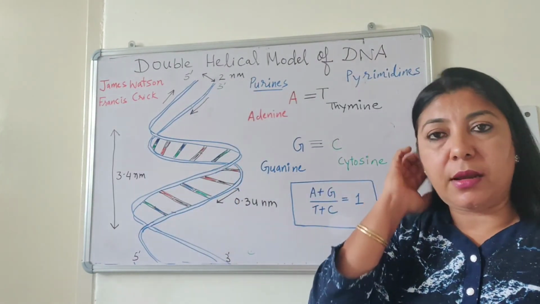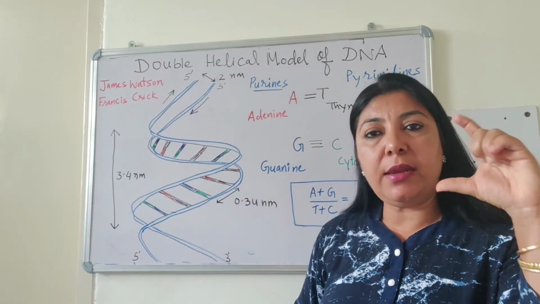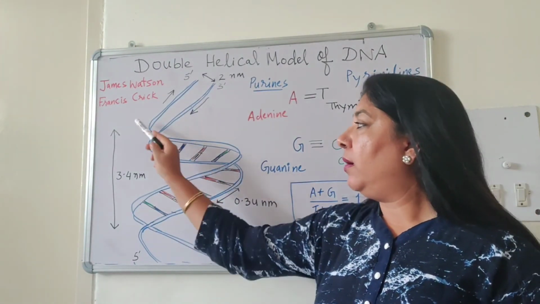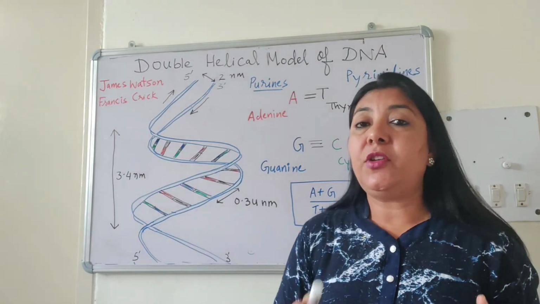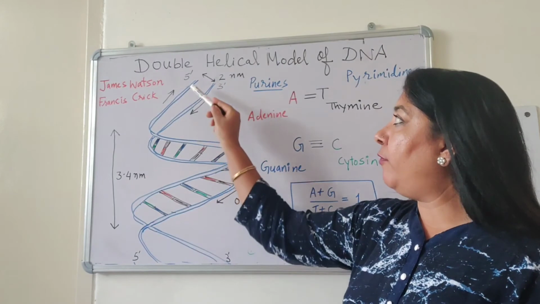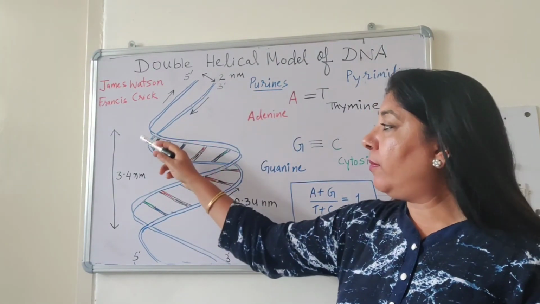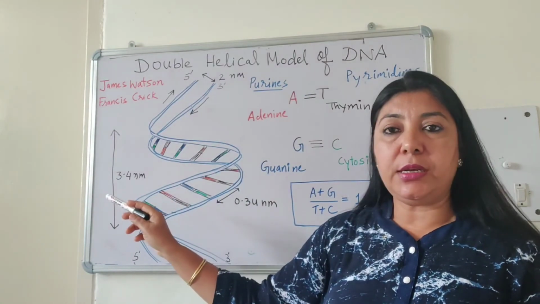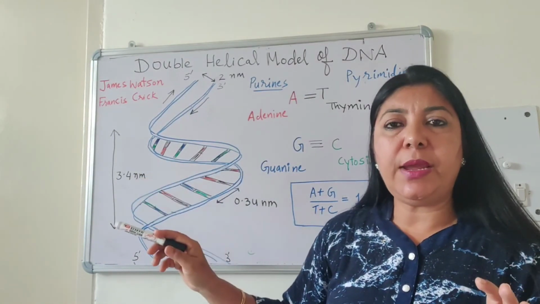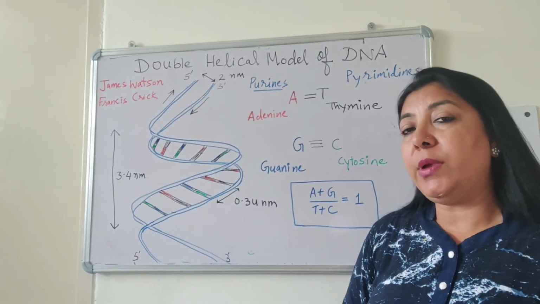And if you take the length of one complete spiral, it is always 3.4 nanometers. And the width will always be 2 nanometers. And in that 3.4 nanometers, there will always be 10 base pairs.